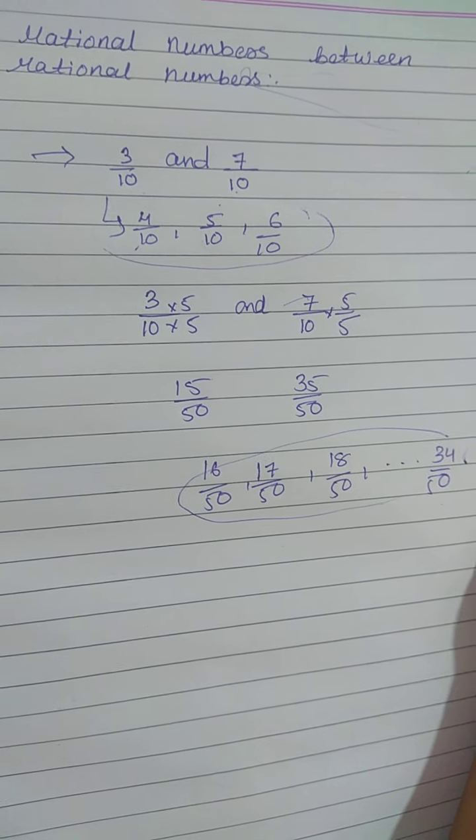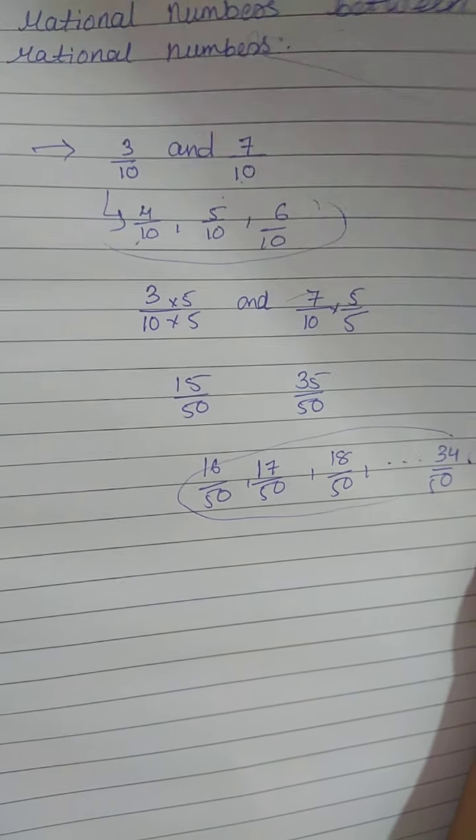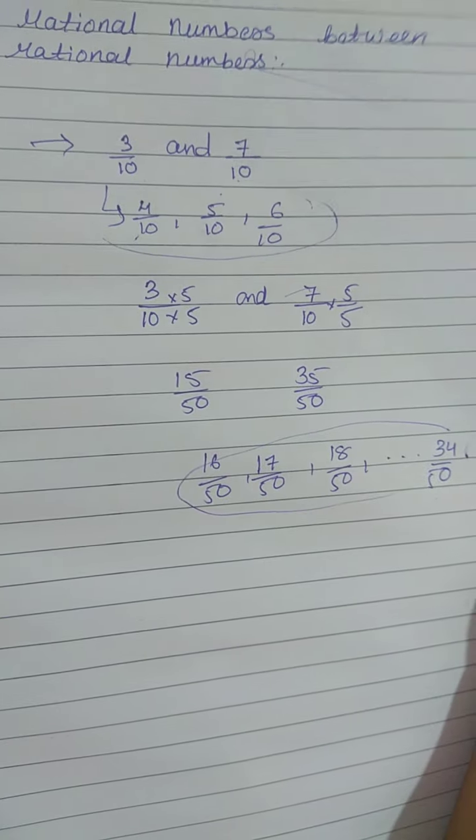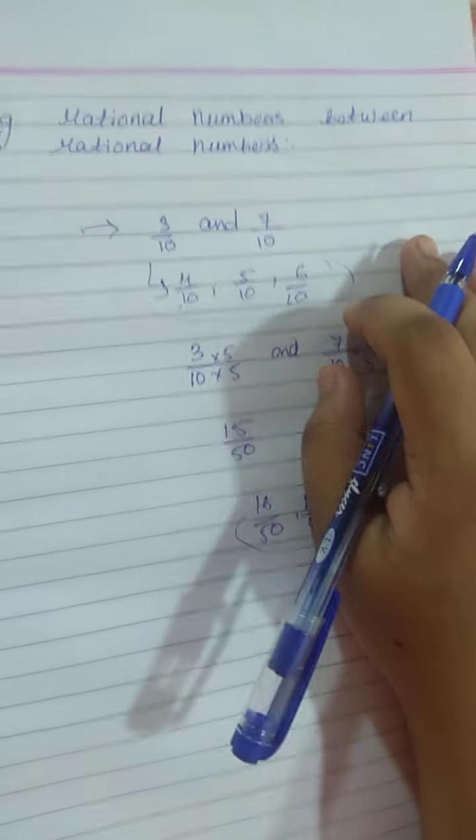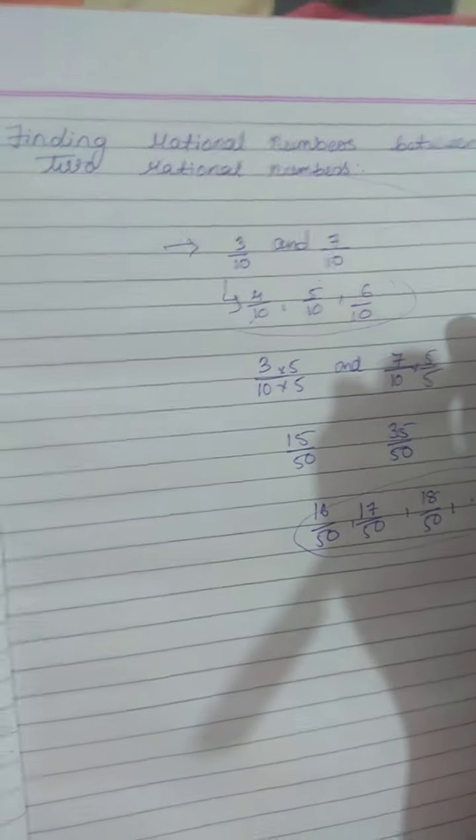So how many rational numbers are there between two rational numbers? They are infinitely many. In the question it will be given how many you have to find out.